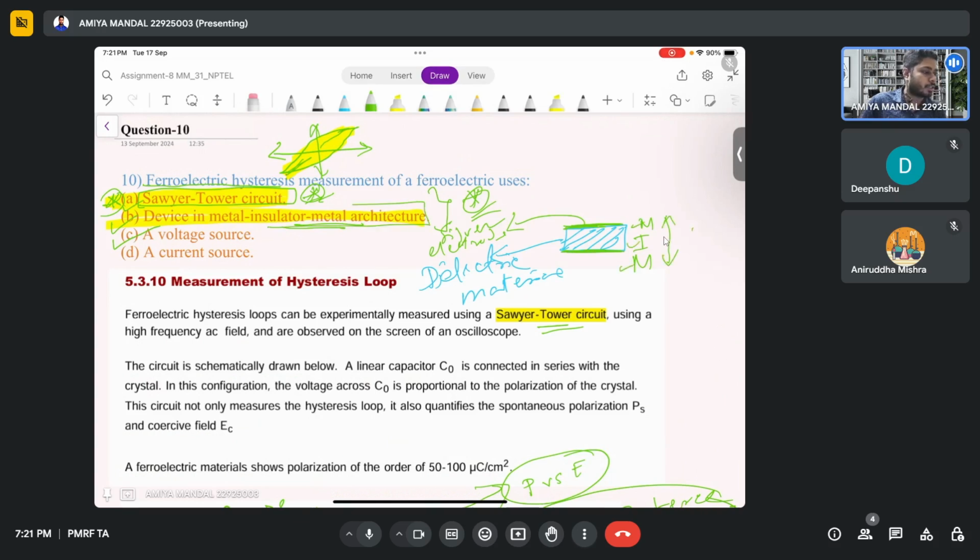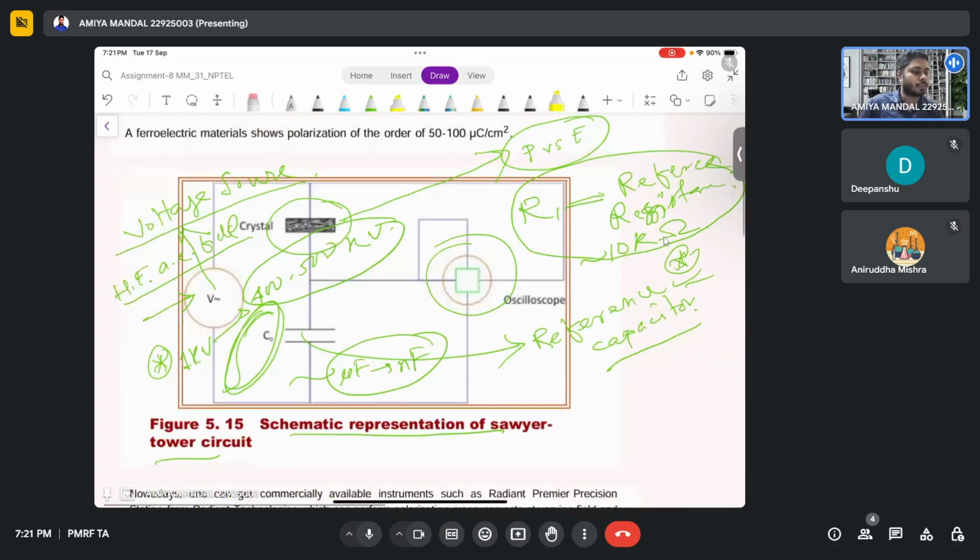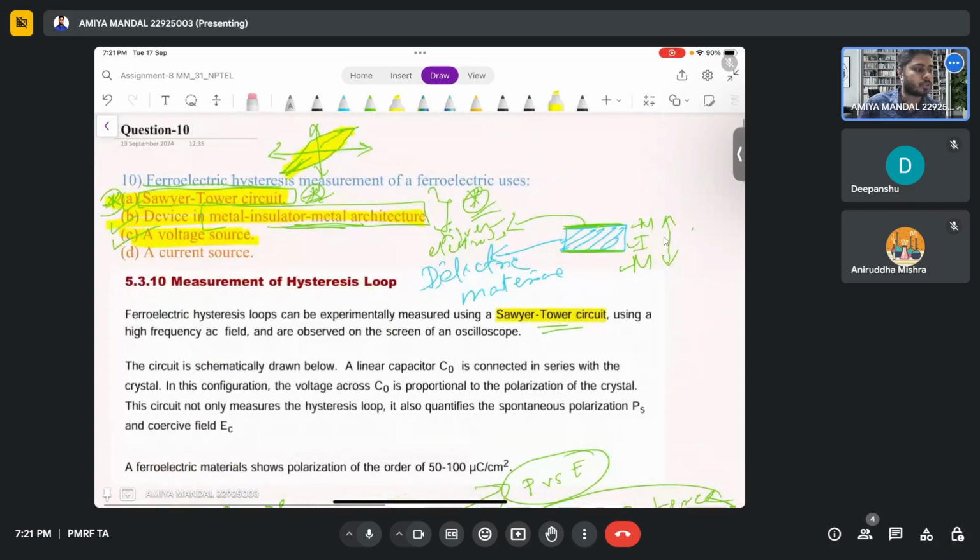This architecture is used to measure the ferroelectric P-E loop and hysteresis loop. The voltage source is also applied, not the current source. So the current source is the wrong option.